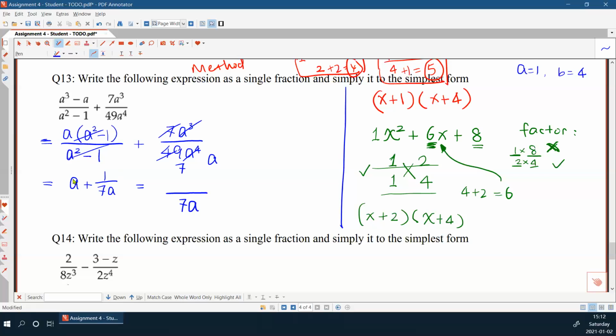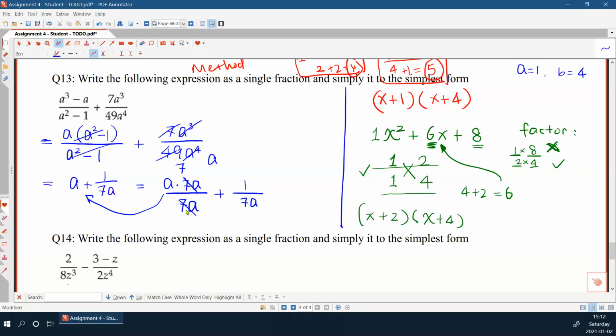Okay, so for the first term, if the denominator becomes 7a, the numerator becomes a times 7a, right? The second term is 1 over 7a. Okay, you can always check back the result. 7a, 7a, if you cancel, this gives you an a, which is equal to a.